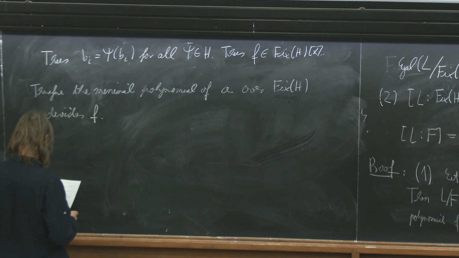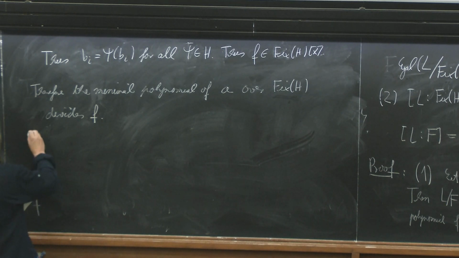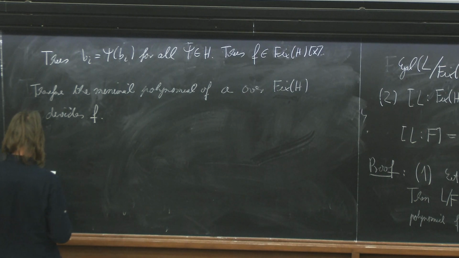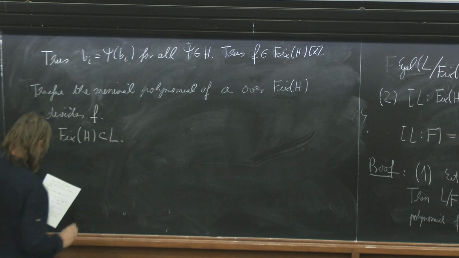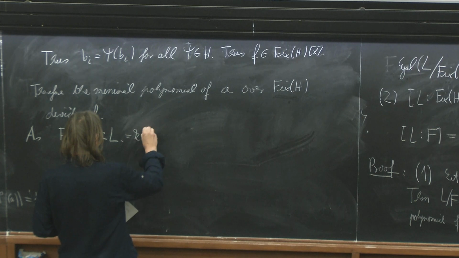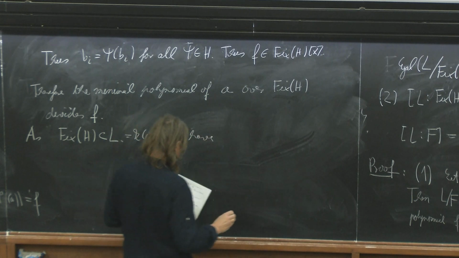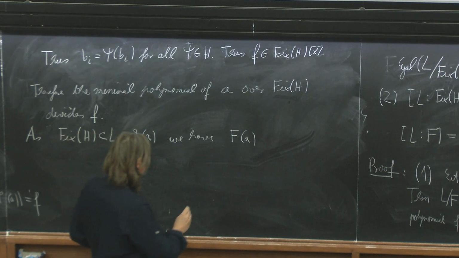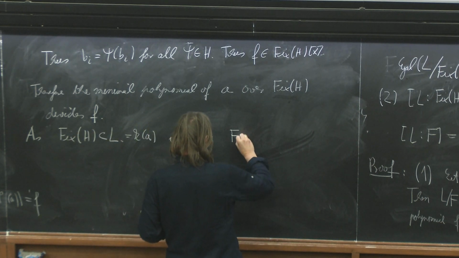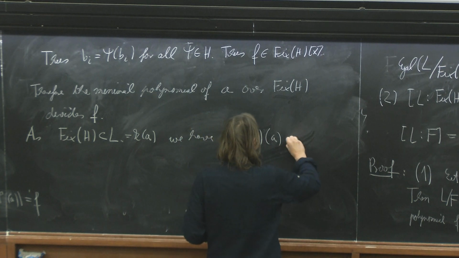Okay. But now, as this fixed field is contained in L, which is K(A), we have that if I add A to this fixed field, for some reason I sometimes wrote f for the fixed field, and now I always do, it will be just the same as K(A).